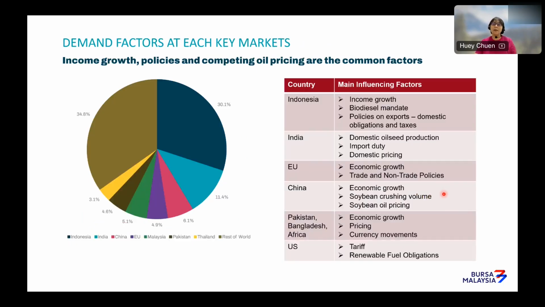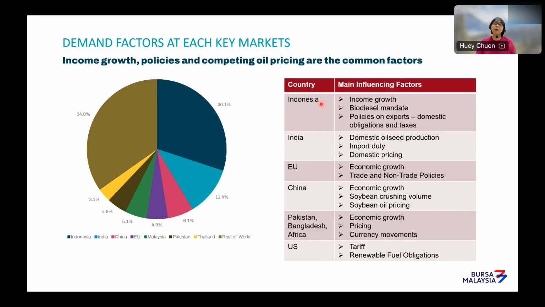So what are the factors that we need to watch and monitor when it comes to demand? I've highlighted some of the key factors for the major consuming markets like Indonesia, India, the EU, China, Pakistan, Bangladesh, Africa, and the US. Of course, ultimately the main factor that drives demand for palm oil, or for the global vegetable oil market, is income growth.